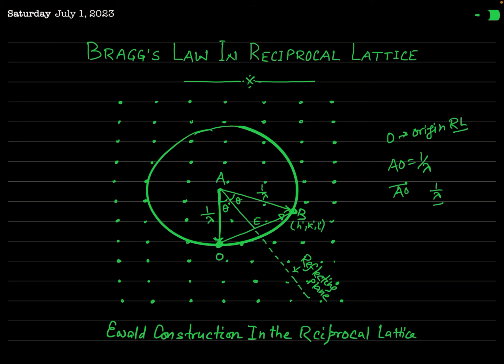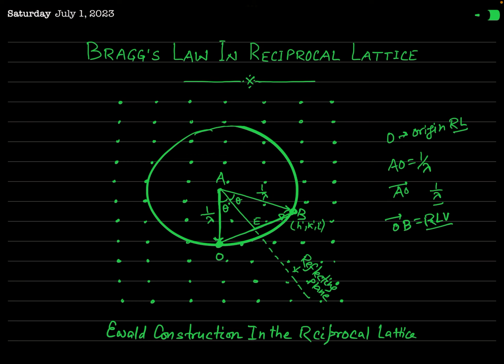And so you can say that point B is a reciprocal lattice point. And since O is the origin, the line OB, which joins this reciprocal lattice point B with the origin, will represent a reciprocal lattice vector. So this is a reciprocal lattice vector. RLV means reciprocal lattice vector.